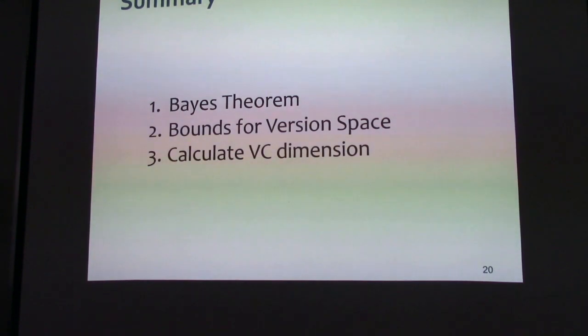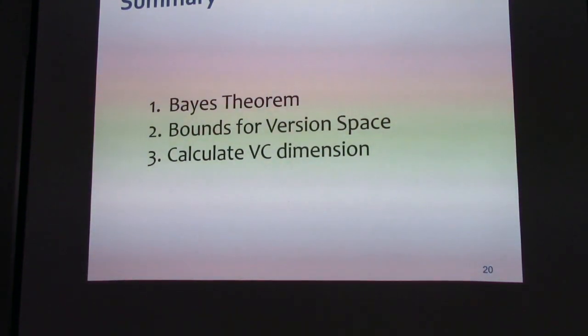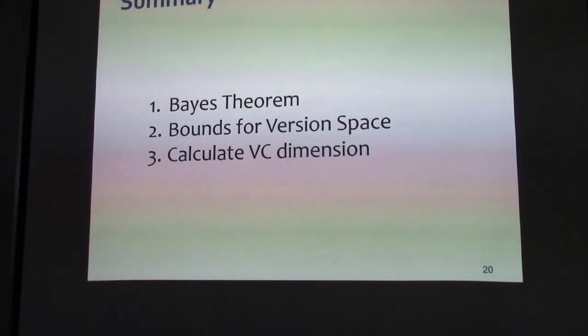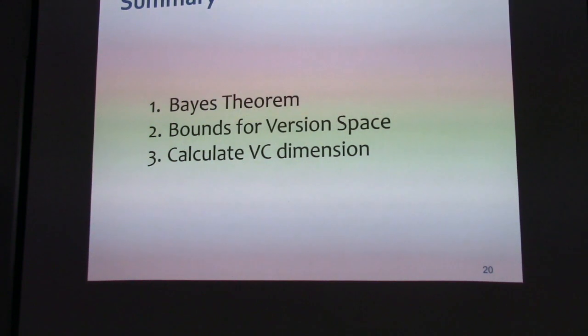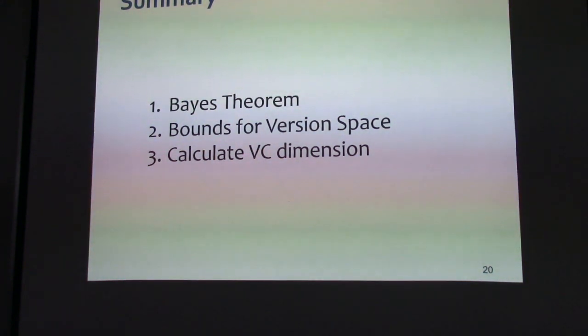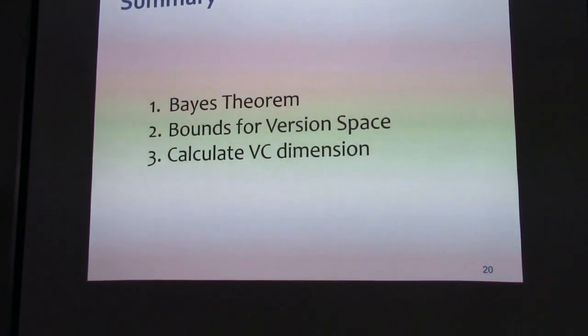So in this part, first you need to know how to use the Bayes formula to calculate the posterior probability, and you also need to know how to calculate the lower bounds for the version space, and how to calculate the VC dimension.